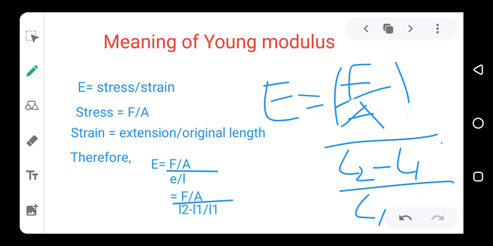So we can use this as the formula of Young modulus, or the first one that I just wrote, where you put e, the extension, over the length given to you. So it depends on what you have in the question being asked, then you know what to put in to get your Young modulus.